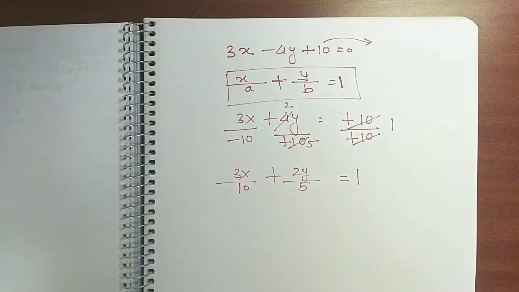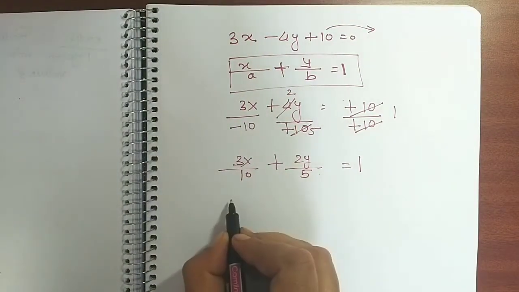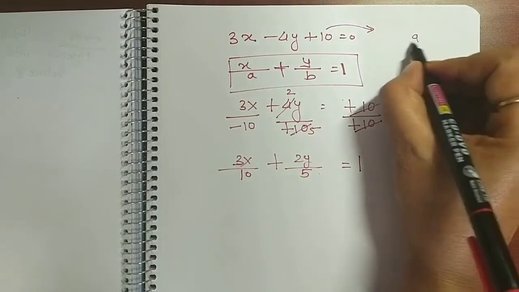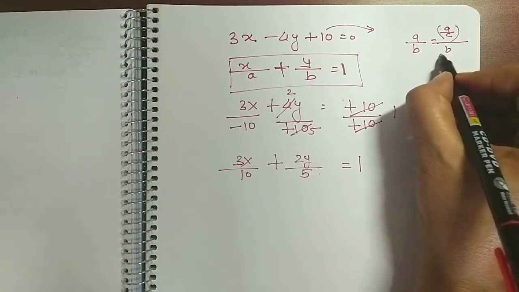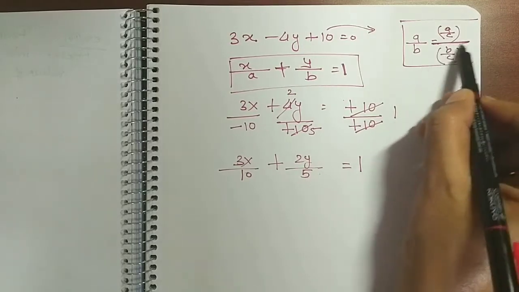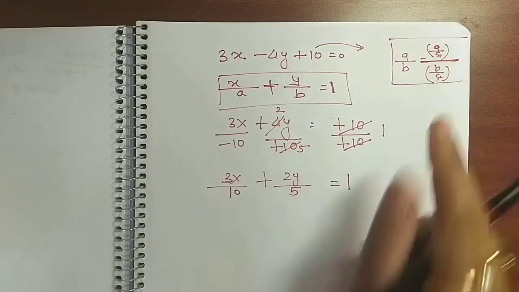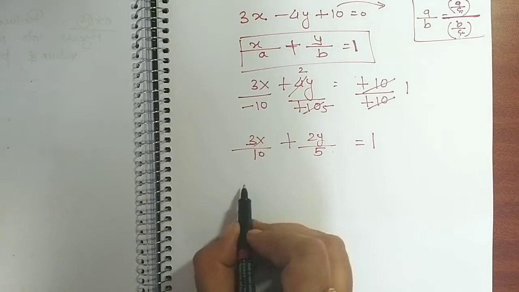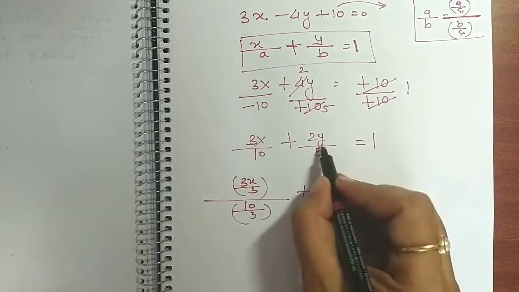So to know this, we should know one thing. Can I divide by 3 in numerator? See, suppose if you have a by b, so it's perfectly fine if I divide by c in numerator and denominator both. Understood? A by c divided by b by c. But the number I selected should be same. So here is 3x and I want to make only x. So let me divide by 3 in numerator and denominator, plus here is 2y.